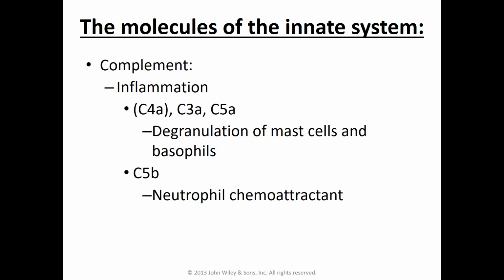Mast cells and basophils, as we'll learn later, contain a pro-inflammatory mediator that we all know very well if you experience allergy. It's called histamine, right? So they contain these little pockets, we call them granules, they're vesicles, that contain pro-inflammatory molecules. The number one inside that cell type is histamine.